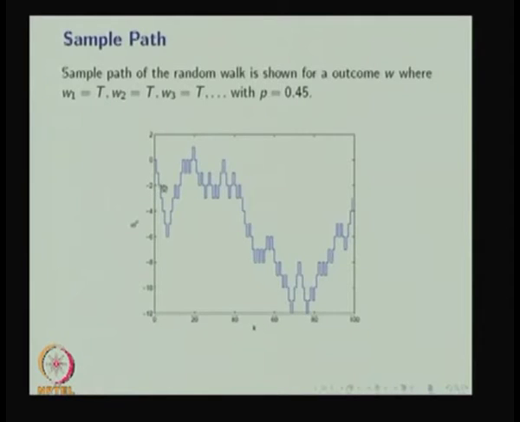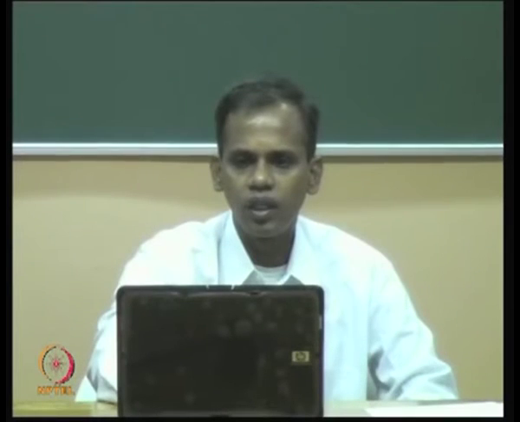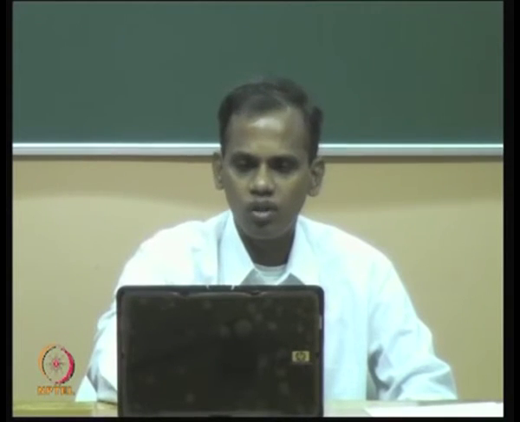S3 will be S2 plus X3, that is again adding minus 1, so S3 will be minus 3. Like that, it can take different values. So this is one sample path with ω1 equal to T, ω2 equal to T, ω3 equal to T, and so on, with probability p equal to 0.5. This is the probability of success, or the probability of getting a head when you toss a coin.